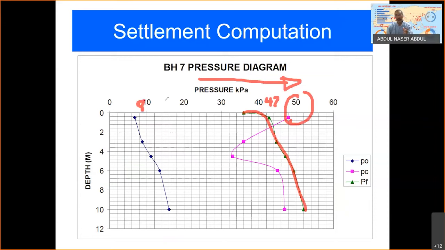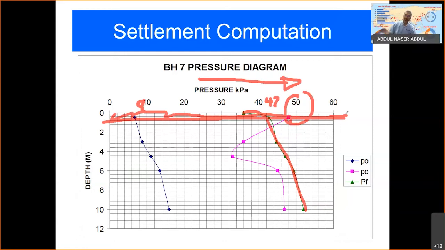Interestingly, the soil at this level and up was exposed to very high pressure before. What could have been the pressure? We don't know. Most likely flooding on the site. We expect that place was flooded a long time ago.